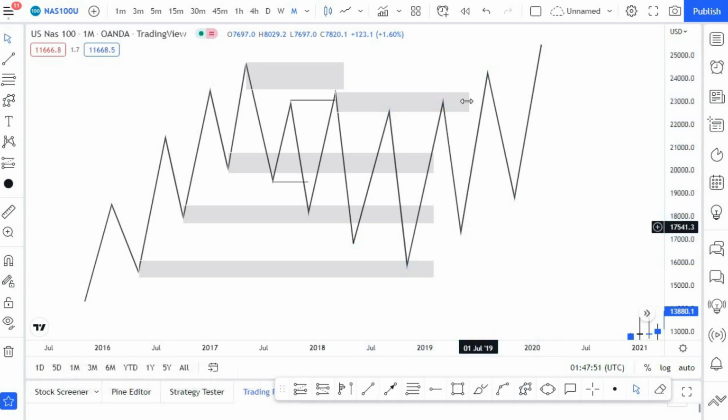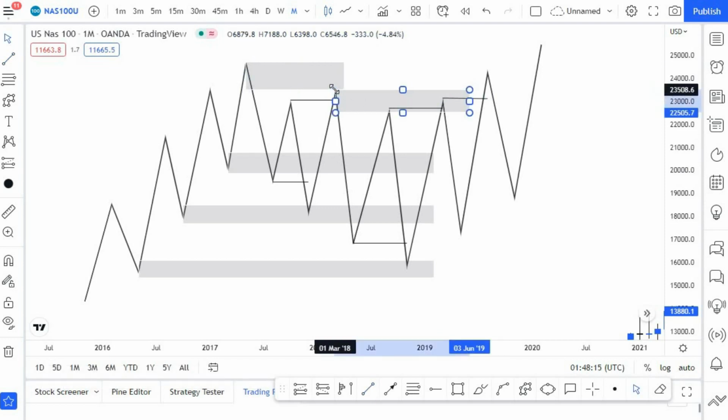Because this will now become a confirmed entry, because the price has given you a break of structure, and this will be a change of character. And then after a change of character, this will be a break of structure right there, meaning the price will also take out the next lower high.